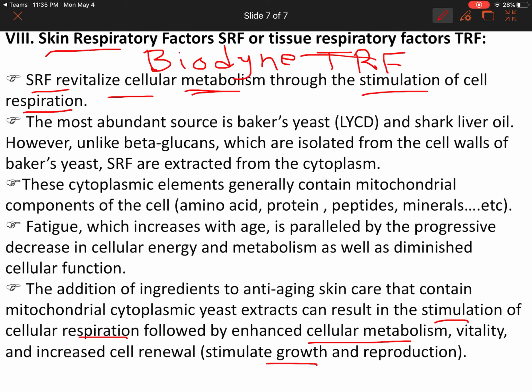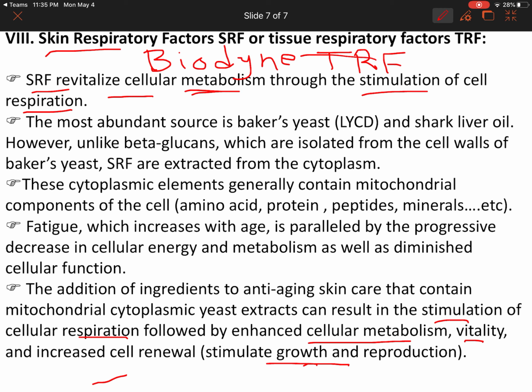After stimulation of cell respiration, it is followed by enhanced cell metabolism and vitality, and of course increased cell renewal. So it can accelerate cell metabolism and stimulate growth and reproduction.